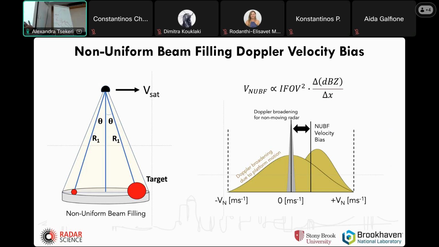So the Doppler from EarthCARE is very noisy because of the platform motion, not so much the non-uniform beam filling, which we can correct very well. The platform motion makes the Doppler content of the volume very broad. That creates a very fast decorrelation of what is happening.